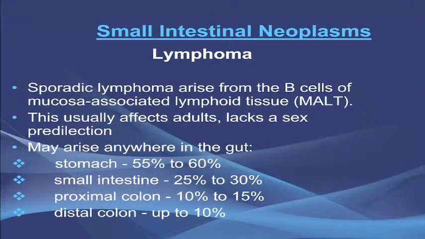Sporadic lymphomas arising from B cells of the mucosa-associated lymphoid tissue, or MALT, are the common form. They usually affect adults and lack a sex predilection, so the male to female ratio is 1:1, and they may arise anywhere in the gut: stomach up to 60%, small intestine up to 30%, colon up to 15%, and distal colon 10%.